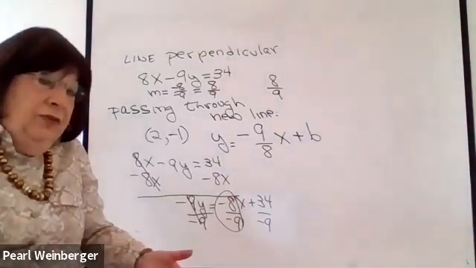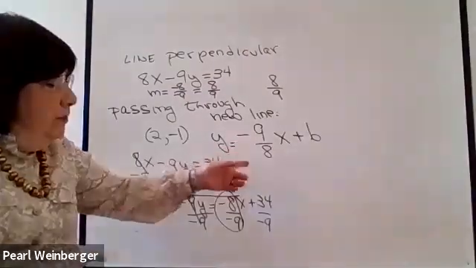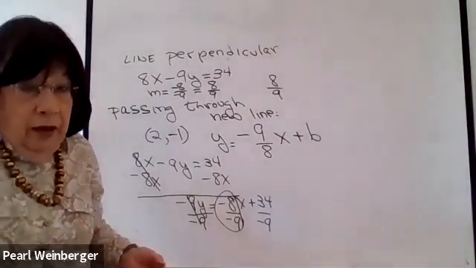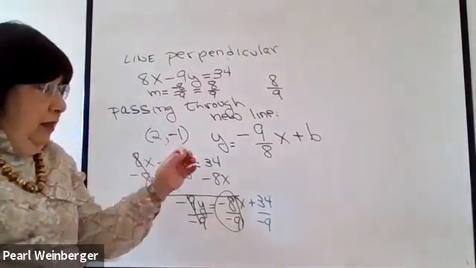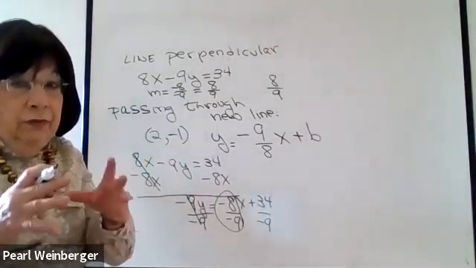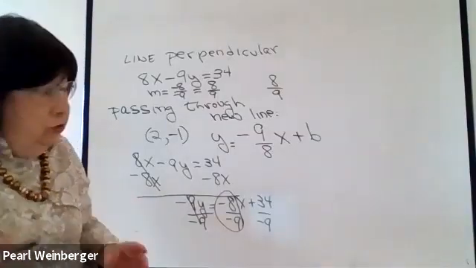Now, if it turns out that 2 answers, for example, have the same negative 9 over 8, then you've got to do more work. Again, if you don't have time to do more work, at least you've narrowed down the number of answers.